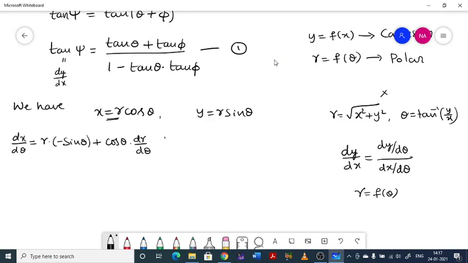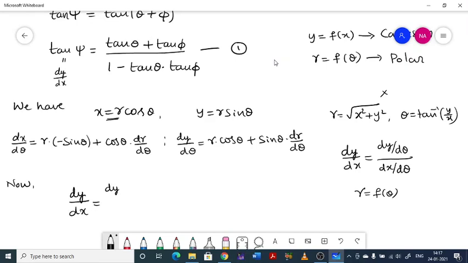Then dy by d theta equal to r into derivative of sin theta, you get cos theta, plus sin theta into dr by d theta. Now dy by dx equal to dy by d theta divided by dx by d theta, right?